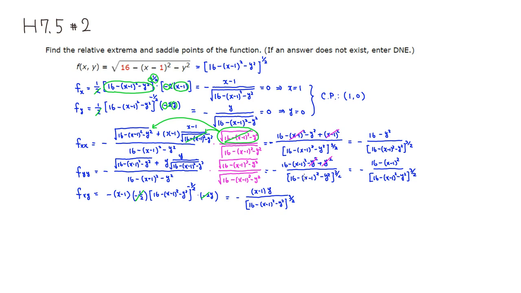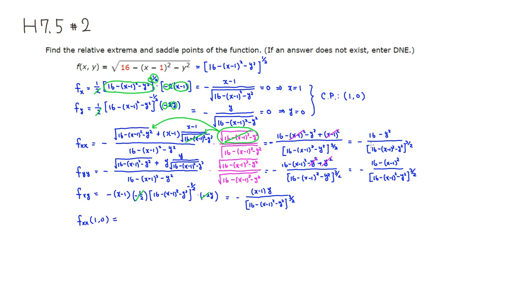So let's find a value here. Let's find the second partial with respect to x evaluated at (1, 0).